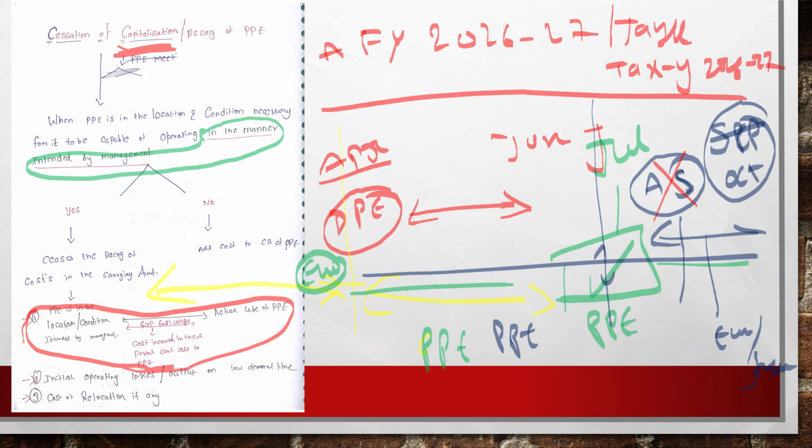Your capitalization will cease when you have achieved your intended asset on a particular date. Once you have achieved it, you should cease your capitalization. I mean these employees or any overheads or any rentals or any borrowing costs. You should freeze them, you should cease them once the intended purpose is achieved.